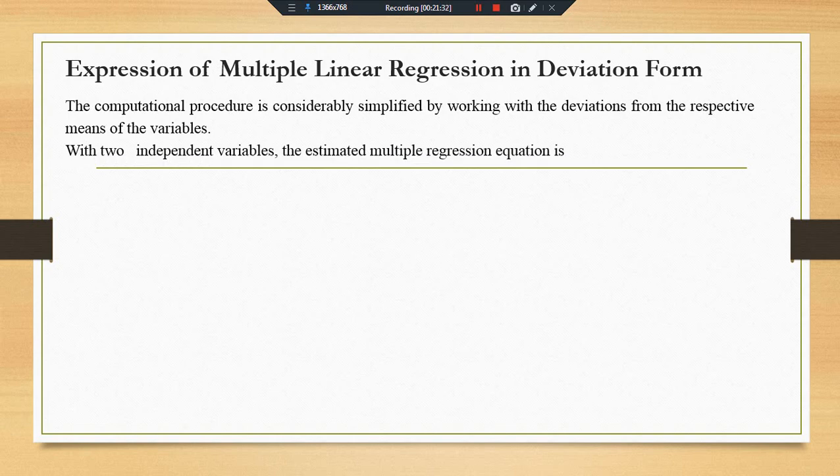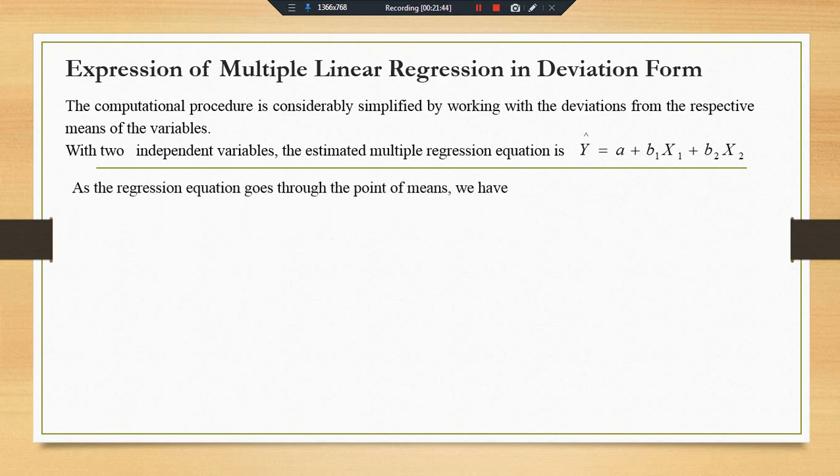With two independent variables, the estimated multiple regression equation is y hat is equal to a plus b1 x1 plus b2 x2. As the regression equation goes through the point of means, we have y bar is equal to a plus b1 x1 bar plus b2 x2 bar. These are the mean value of y, the mean value of x1 and the mean value of x2.